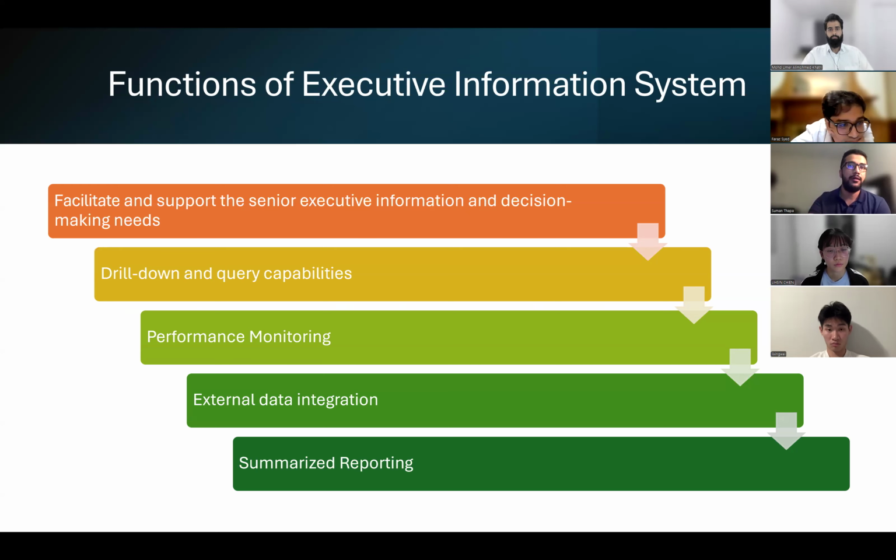The primary function of EIS is to facilitate and support the senior level executives that we looked at in the diagram earlier. Apart from this, EIS has other important functions like drill down and query capabilities. The EIS provides an ability to drill down into more detailed data when required.